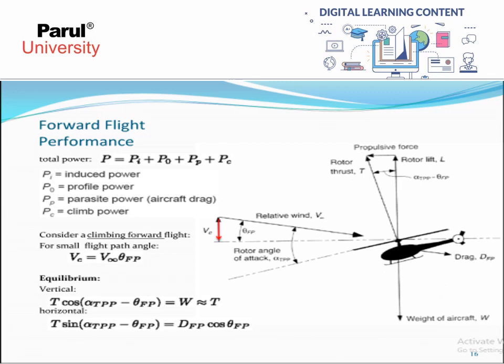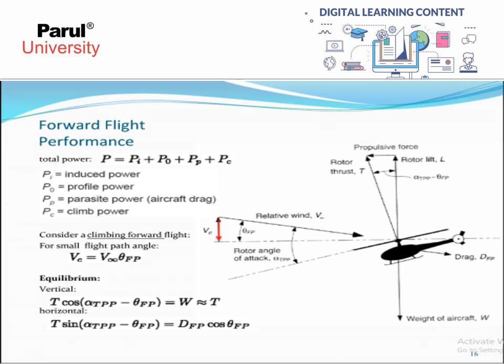And for the relative wind direction, we can see the relation. The angle between the relative wind and the chord line is the rotor angle of attack alpha TPP, where TPP is the tip path plane, and theta Fp is the angle between the relative wind and the horizontal line, the flight path angle. Vc is the vertical velocity component. In this figure, drag is dFp, meaning drag at flight path.